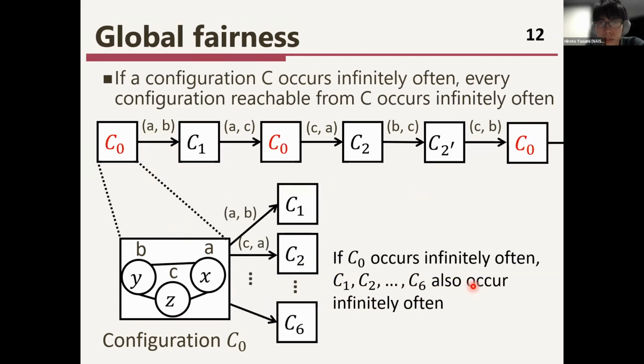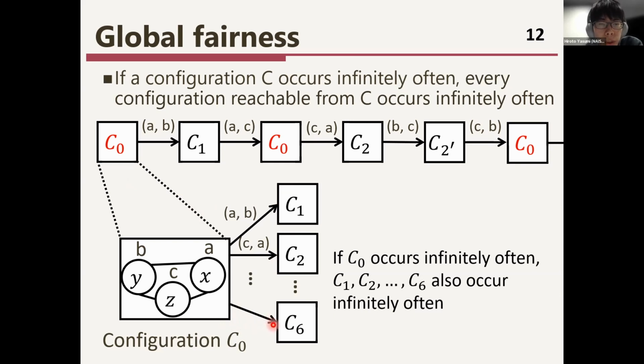Next, I'll explain global fairness. Global fairness guarantees that if a configuration C occurs infinitely often, every configuration reachable from C occurs infinitely often. For example, if this configuration C0 occurs infinitely often, then the configurations reachable from C0 also occur infinitely often.